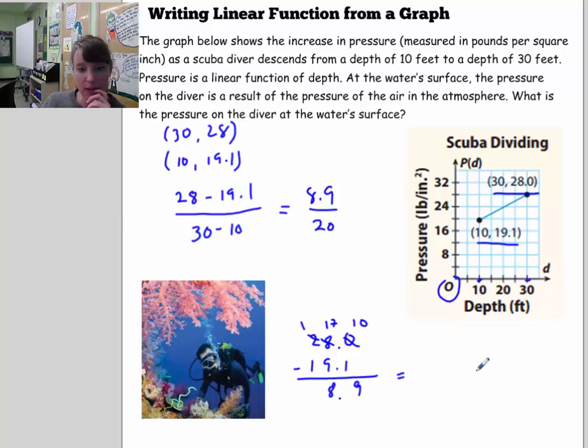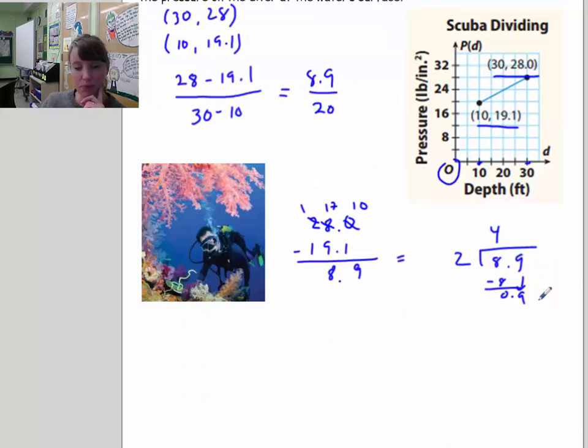So we want to divide 8.9 by 20. That would be 4, and that would be 8, 1, bring down this, that would be 44.5, except we're dividing by 20, so we actually have to reduce the power of 10 here, so it'll be 0.445.